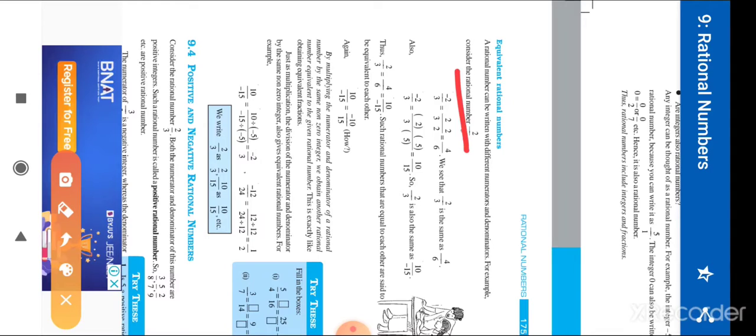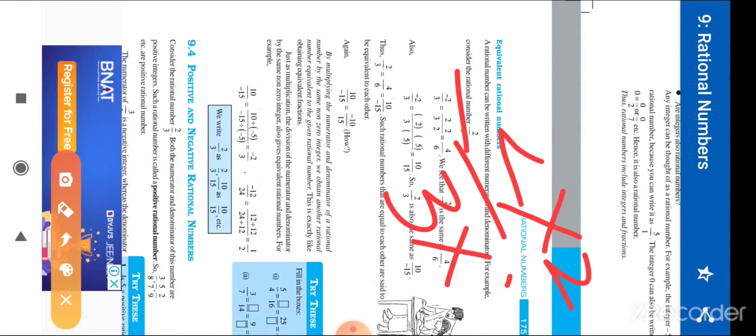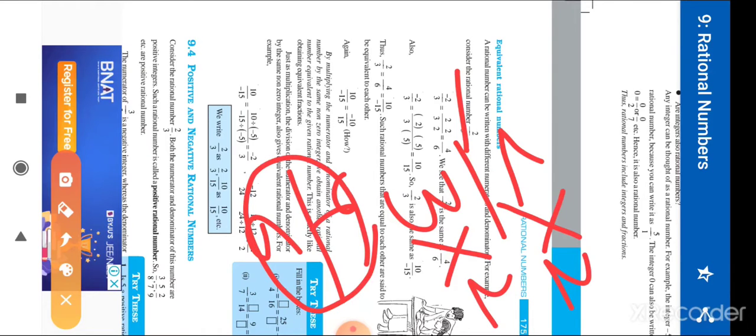So we have 2 upon 3 multiplied by 2 and we have 4 upon 6. So 4 upon 6 is the equivalent rational number of 2 upon 3. We can also obtain an equivalent rational number by dividing the numerator and denominator by the same non-zero integer.